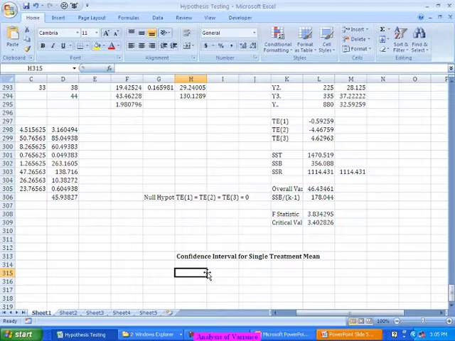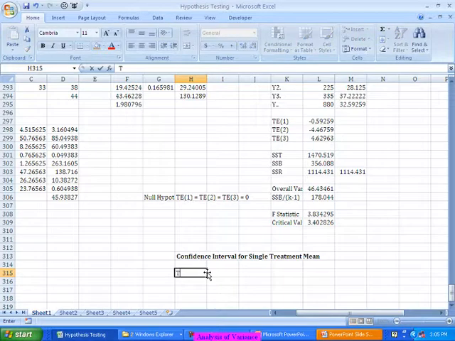So what is the t? For the first item, I want to find the confidence interval.